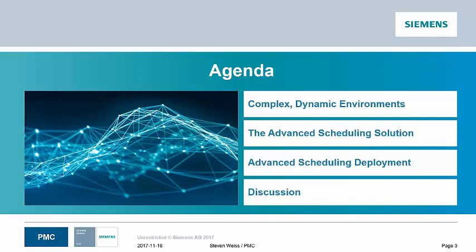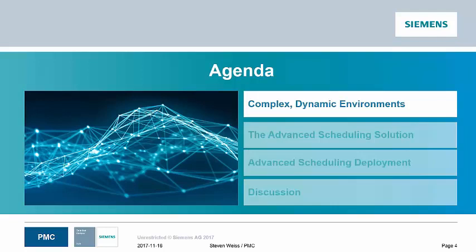Now, that advanced solution, which PMC offers in conjunction with Siemens, is Preactor Advanced Production Scheduling. And we'll talk about some of the specifics of that software solution, and then we'll talk about how. How do we at PMC deploy this in your environment in order to deliver maximum benefit? And that'll be followed by a brief discussion.